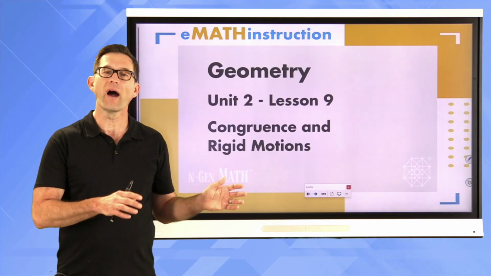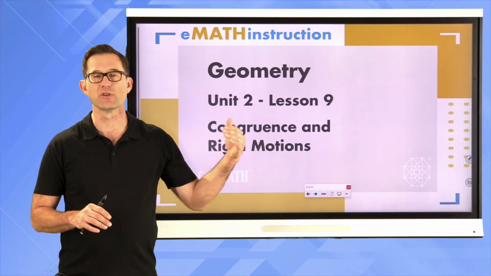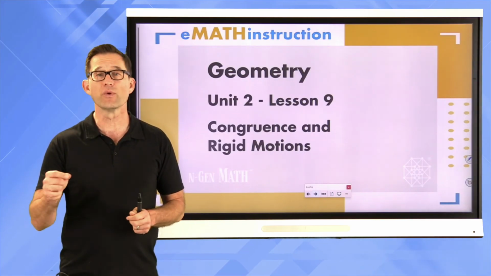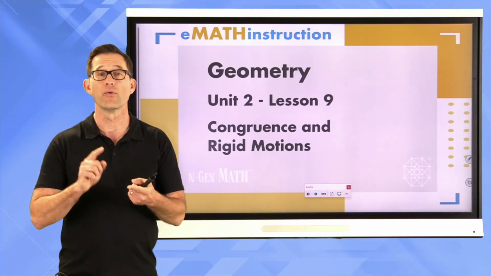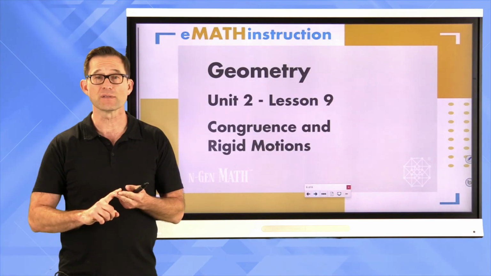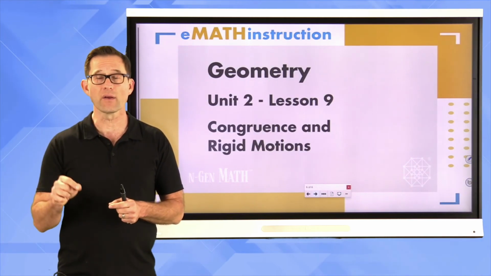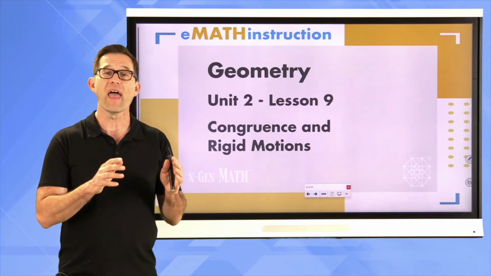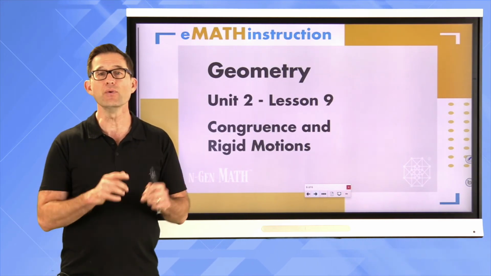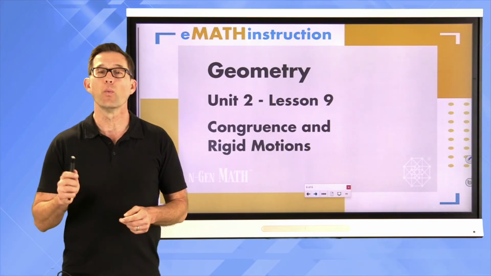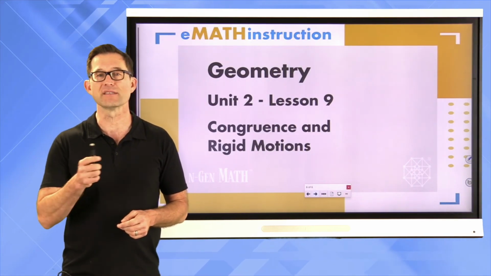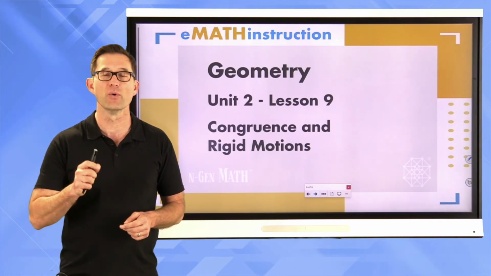And we can really define congruency in terms of rigid motions. In other words, because rigid motions, specifically rotations, reflections, and translations, do not change either distance or angle measure, then any geometric object that's produced from one of those rigid motions will be the same shape and size as the pre-image and therefore congruent to it.